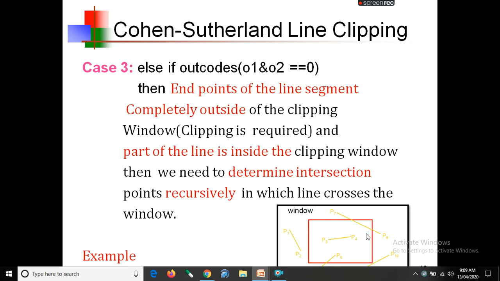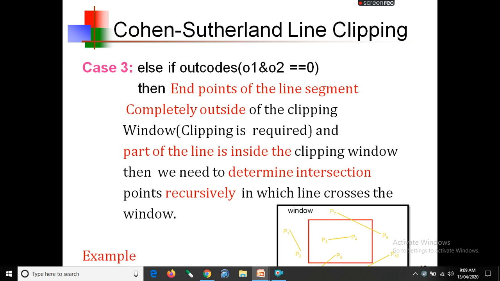Then we need to determine two intersection points. The first intersection point is called P7 dash, and the other is called P8 dash. After calculating the two intersection points, P7 dash and P8 dash, we clip the part of the object that lies outside the clipping window, and the part that lies between the two intersection points we accept and display on the screen of the monitor.